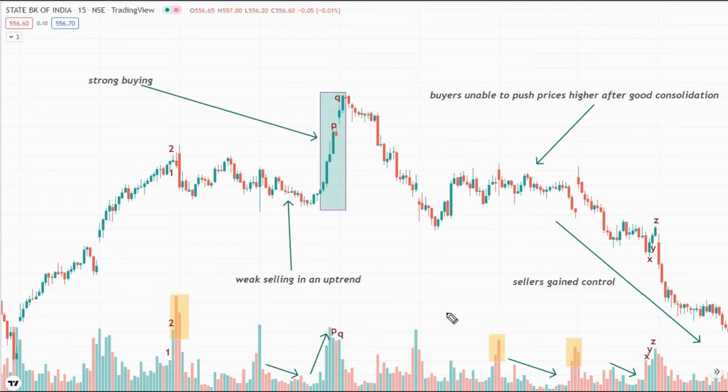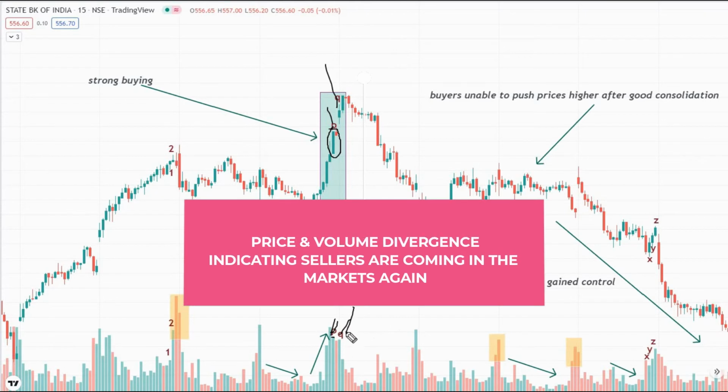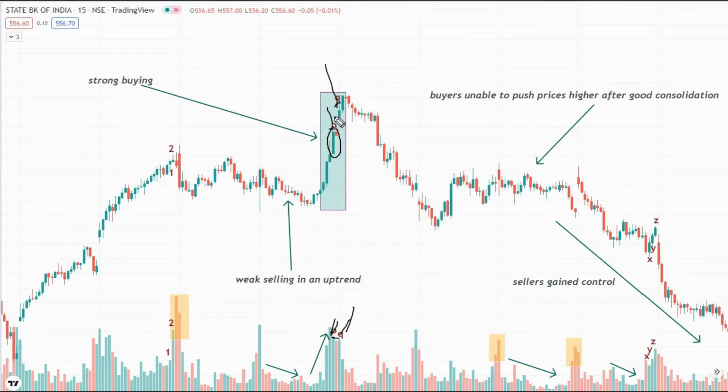Now compare the spreads of P and Q and the subsequent volume activity. Here at P, volumes are this much and the spread is this much. Then at Q, volumes are similar to P, just slightly lower, but the spread has significantly become lower.